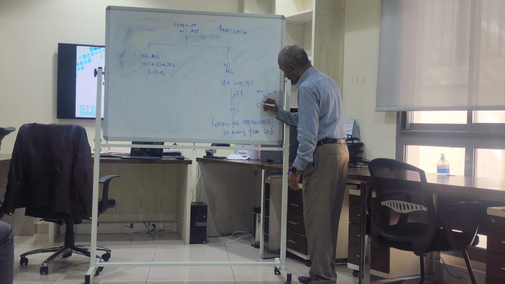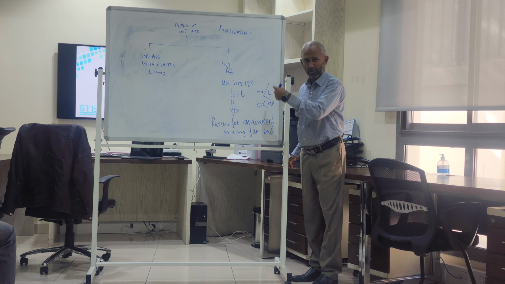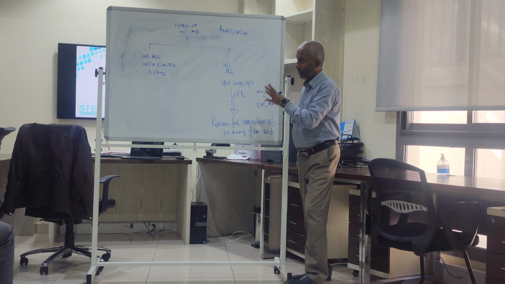If the market value is bigger than the carrying value, you don't need to do anything. You can just continue keeping it. But when the carrying value is greater than the market value, then only you perform impairment. This is for intangible assets whose life is unlimited.